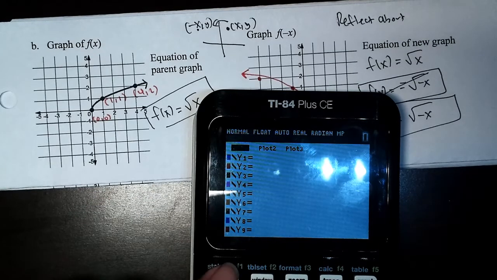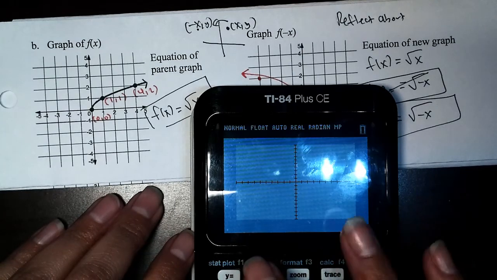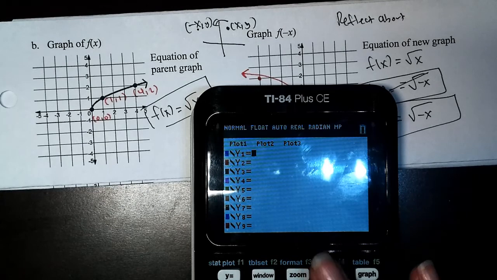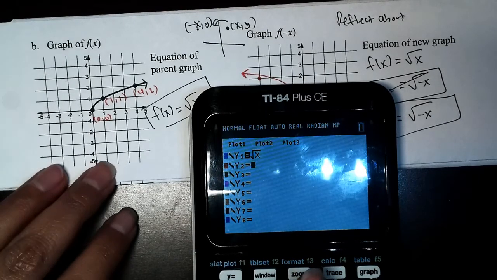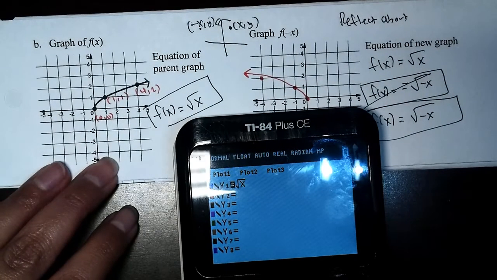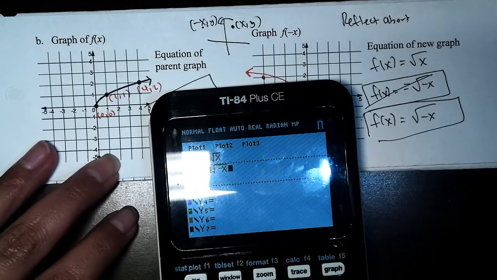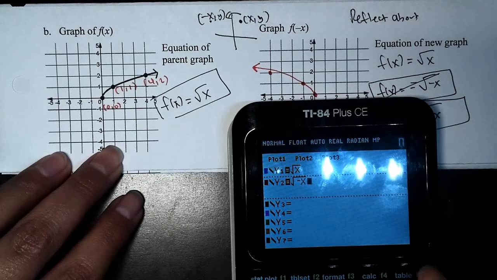Okay, sorry. So we have the graph of f of x, which we said was the square root of x. Cool. And then we had said that the graph of f of negative x is given by the square root of negative x. So then, moment of truth, did we really nail it? I hope so. Okay, we'll hit graph.